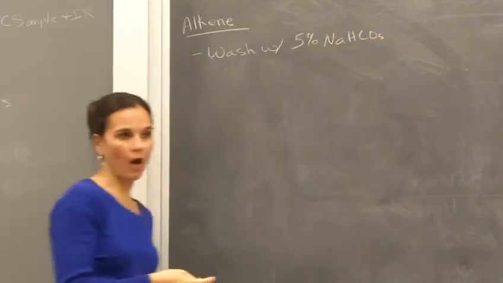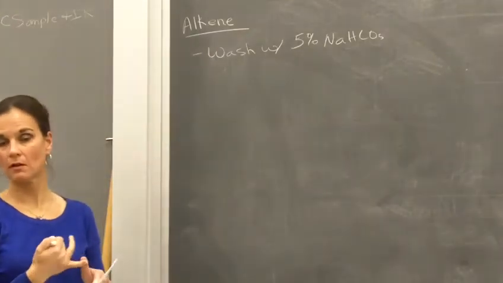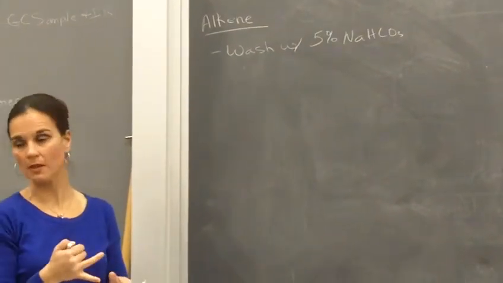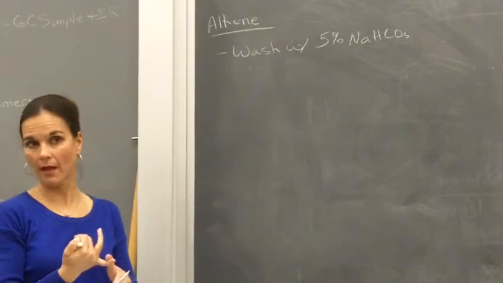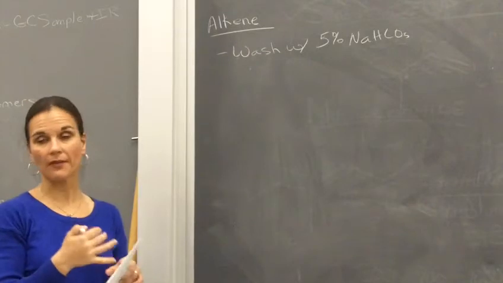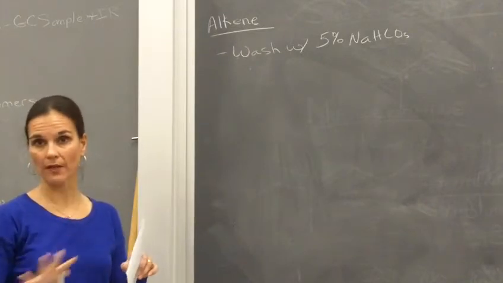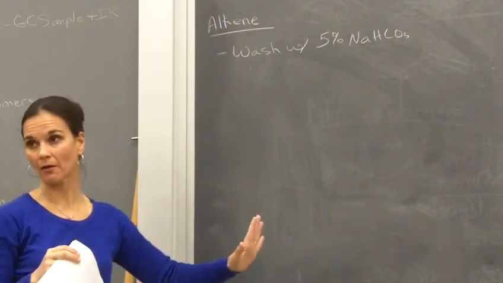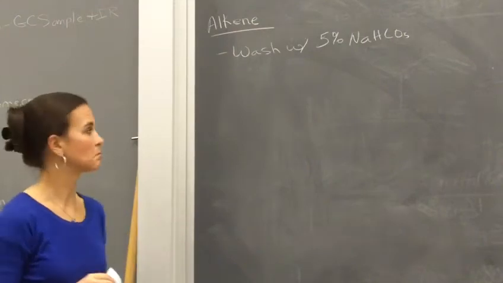Okay, so when I say wash, what does that involve? Same as last week. We're going to add the two in, shake and vent a few times, let the layers separate, drain the aqueous layer, and then separate out the organic layer, okay?